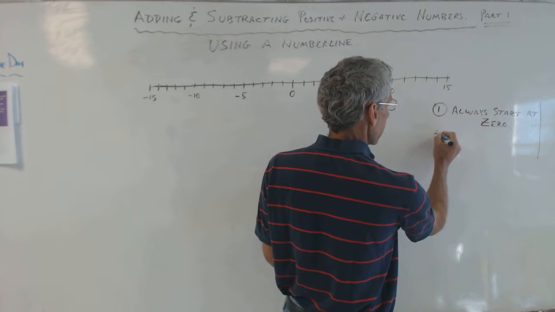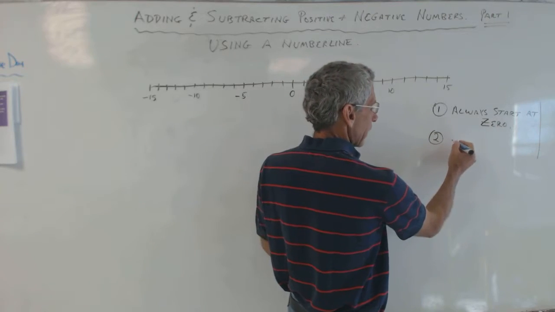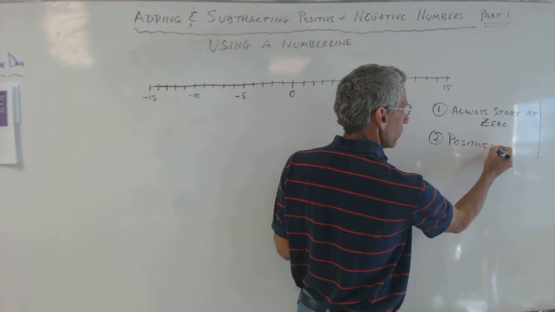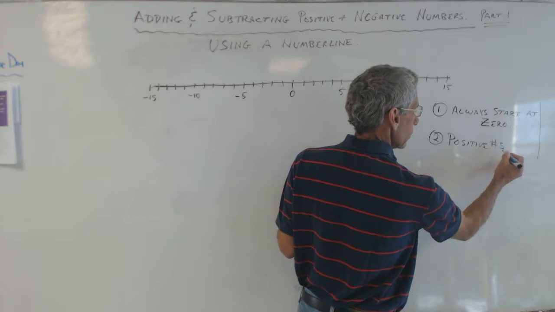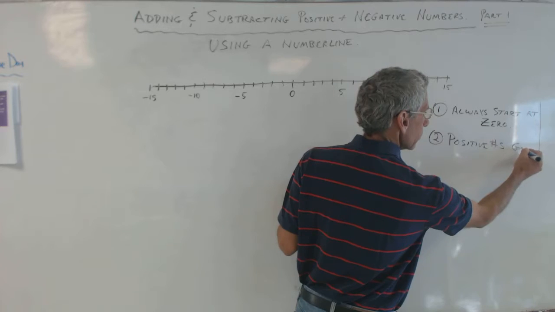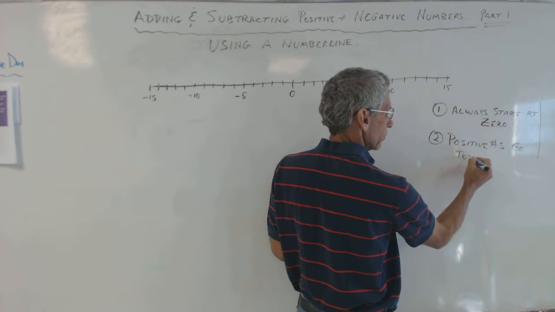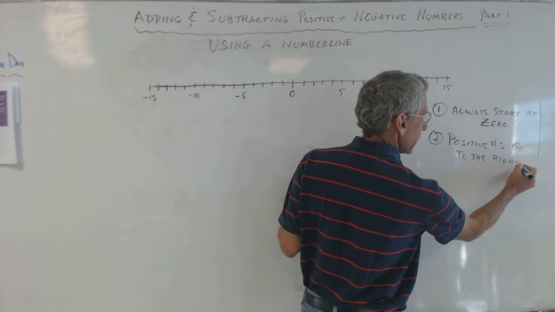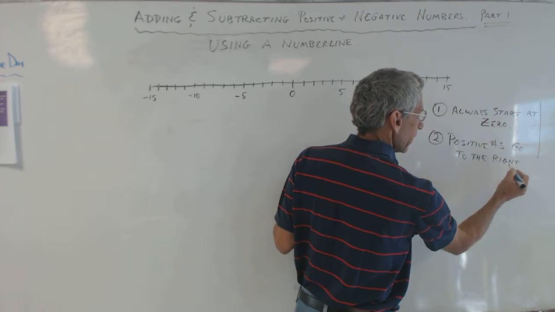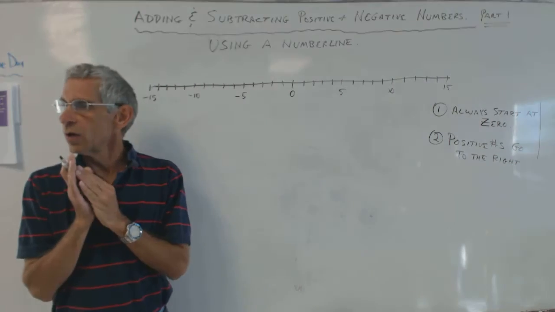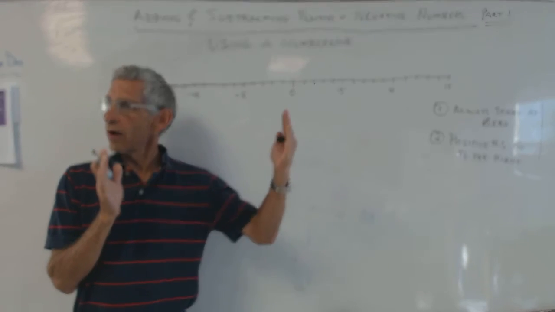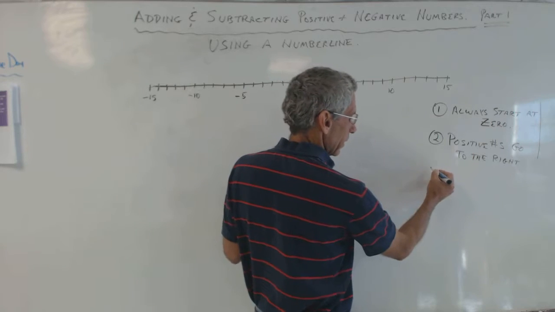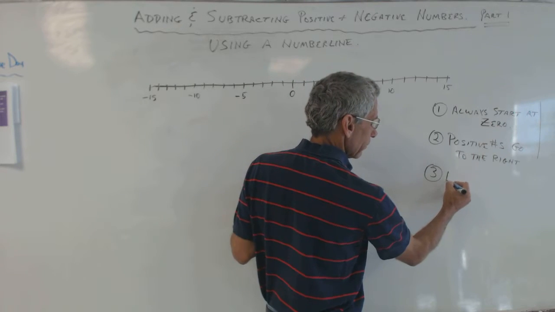And then 2. If positive numbers go to the right. And that sort of makes sense. As you're counting on a number line, 1, 2, 3, 4, 5, 6, 7, 8, you go to the right, right? 3. Negative numbers go to the left.